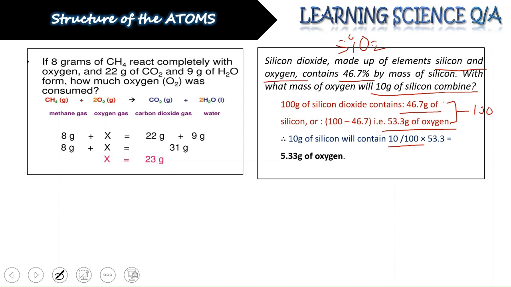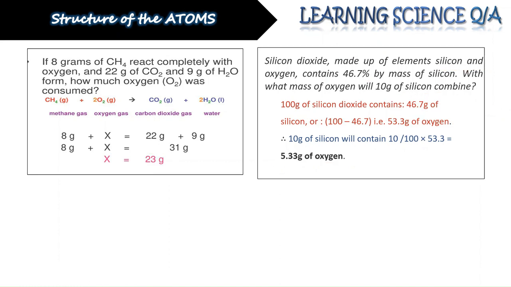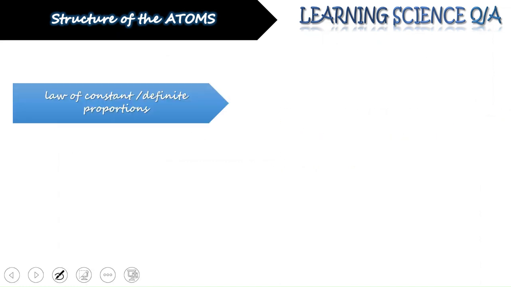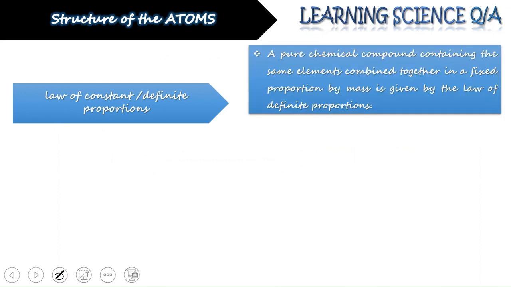So what we get as the answer is 5.33 gram of oxygen. At the end of the question, you can just box your answer also for better visibility to the examiner. So students, these were a few questions based on the law of conservation of mass.